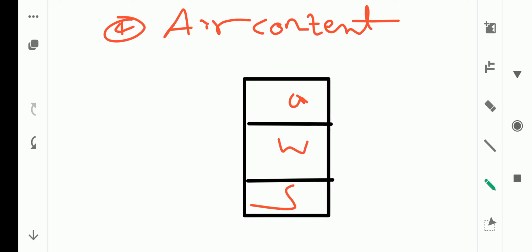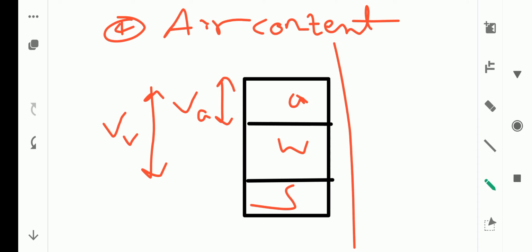Here there is some volume of air, and this is defined as volume of voids, right? So we define air content as AC is equal to volume of air to the volume of voids. You can also multiply it by 100 to get the answer in percentage, right?